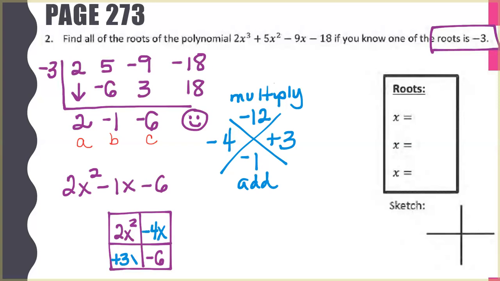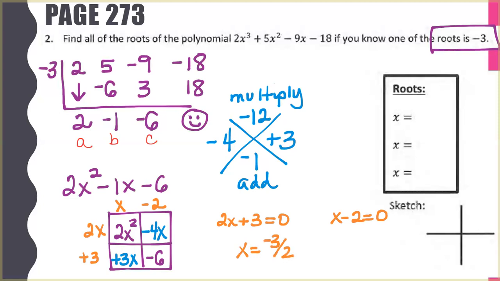Go ahead and find your GCFs. When you set both of these equal to 0, you subtract 3 and divide by 2.